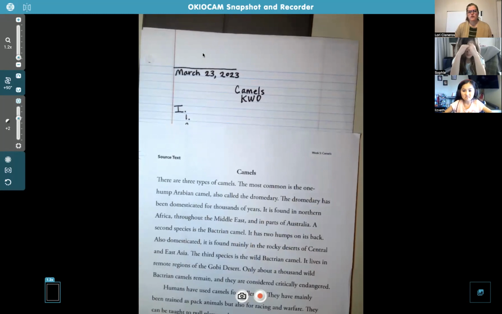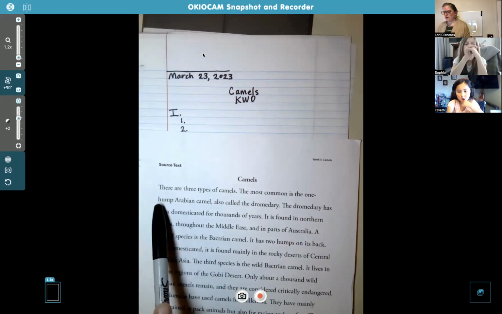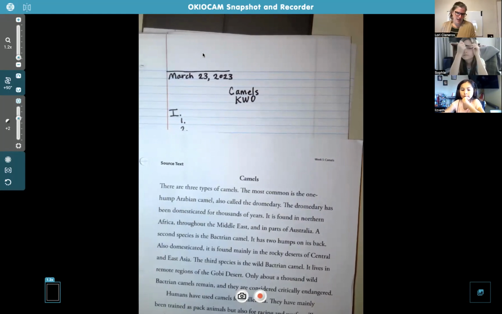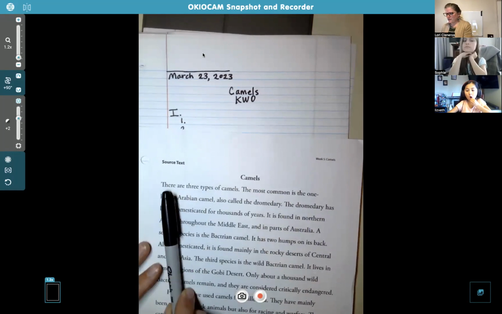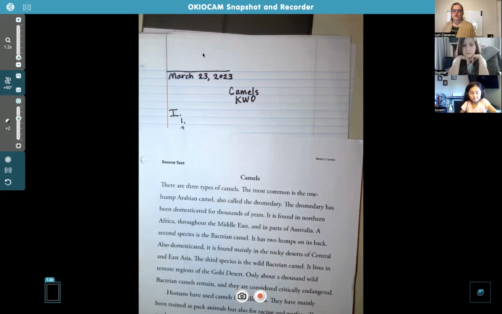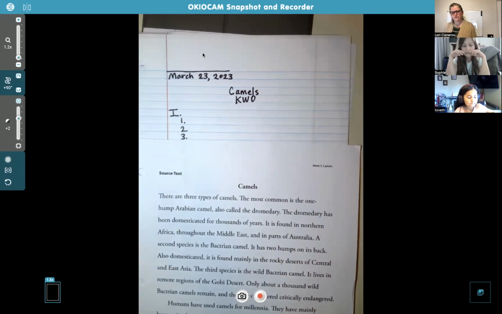I'm going to have you girls take turns telling me what we should put on the keyword outline. Look at the very first sentence. That's the easiest one. I'm going to give that one to Sophia because she's first on my Zoom. It says there are 3 types of camels. What do you think, Sophia? What should we write on our keyword outline here?